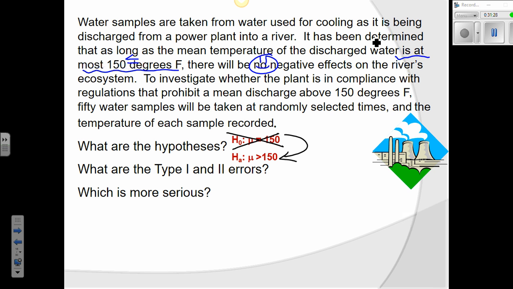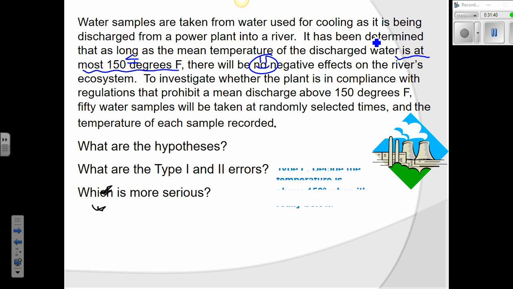So for type 1, you say the water is over 150 when it's really not. What about type 2? Type 2 would be when you say it's not above 150 when it really is.